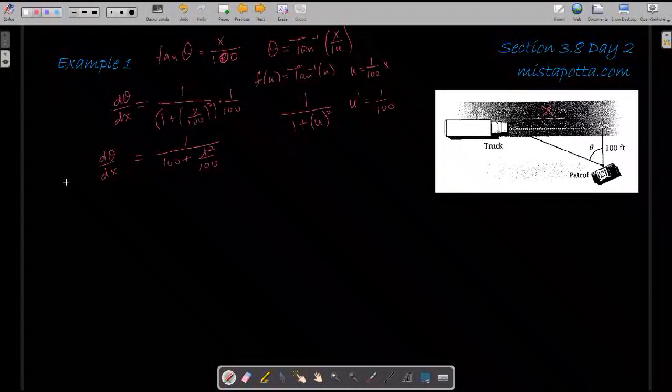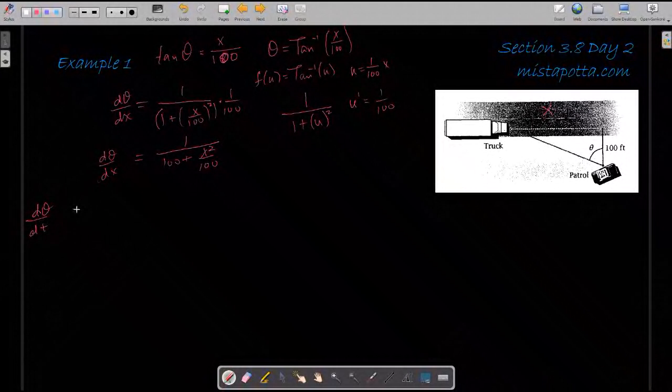So once I have this formula for d theta dx, I now need to think about this in terms of time, because we don't measure the change in distance with respect to the change in another distance. We talk about the change in distance with respect to time. So I don't really want d theta dx. I want to know something about d theta dt, the change in theta over time.